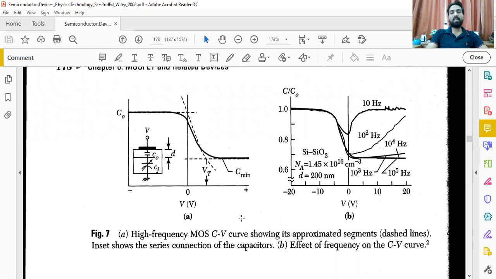So the oxide layer has C naught. Important point: when we have voltage less than zero in a P-type semiconductor MOS, this voltage gives C equals C naught.